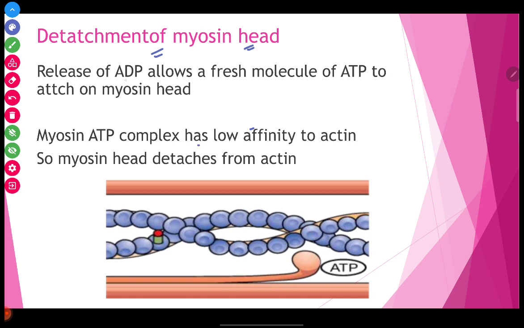As we have seen in the second step, ADP and phosphate were released from the myosin head. So there is a free site for the attachment of a new molecule of ATP. Once this new molecule of ATP attaches to the myosin head, its affinity towards actin decreases. So it has low affinity to the actin, so it detaches from the actin molecule.